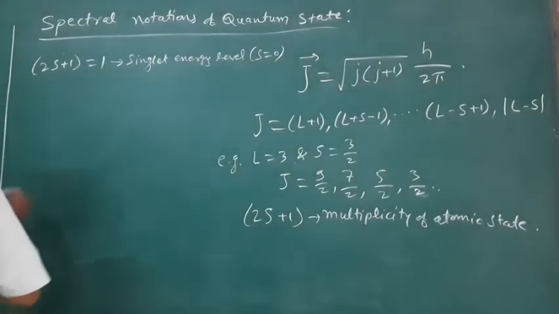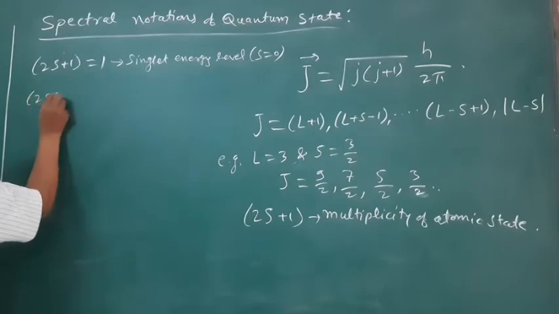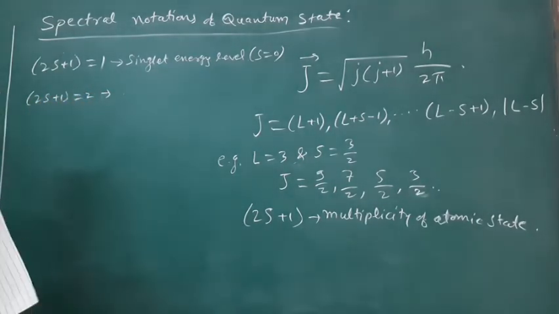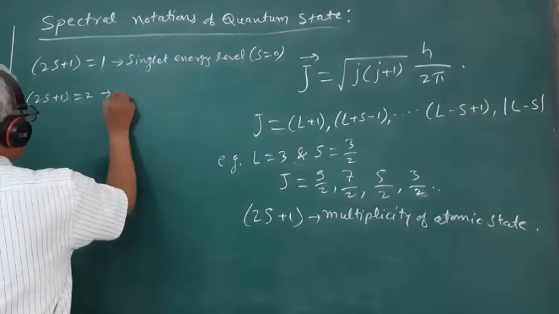Then twice S plus 1 equal to 2 represents the doublet energy level.